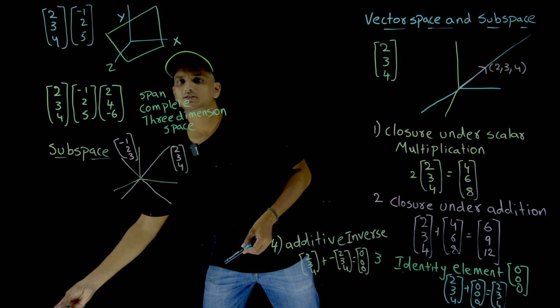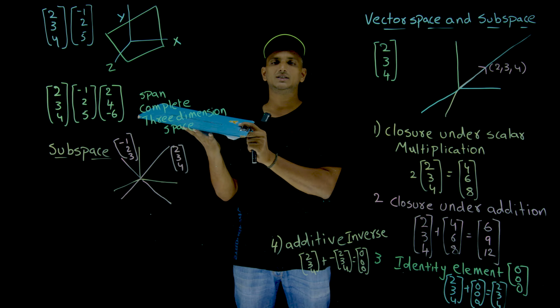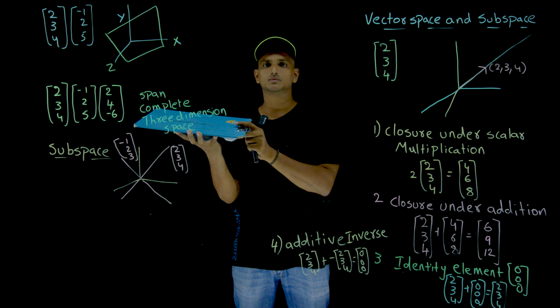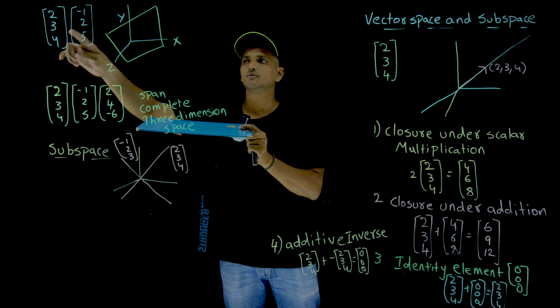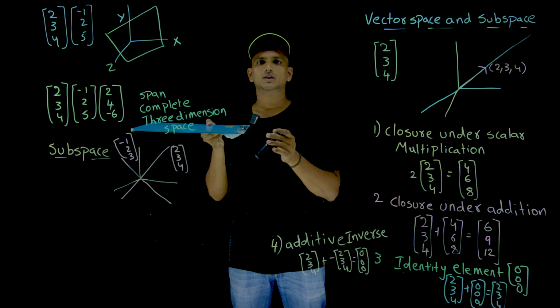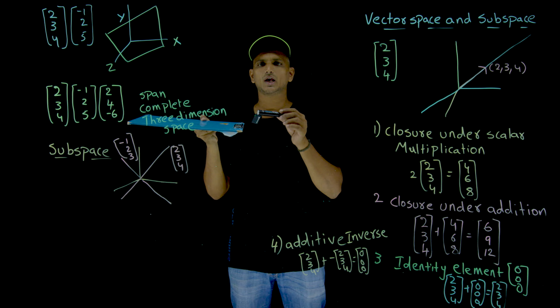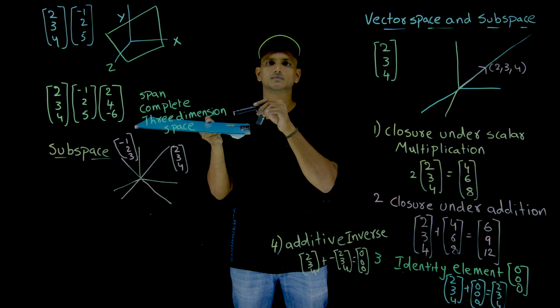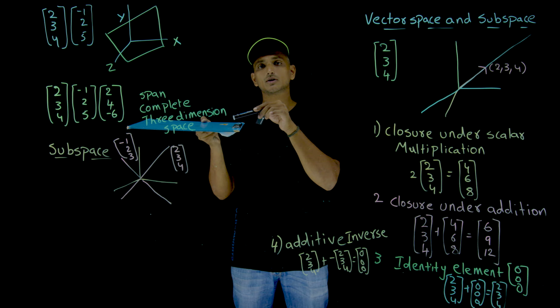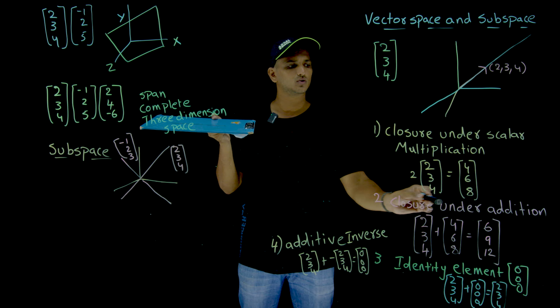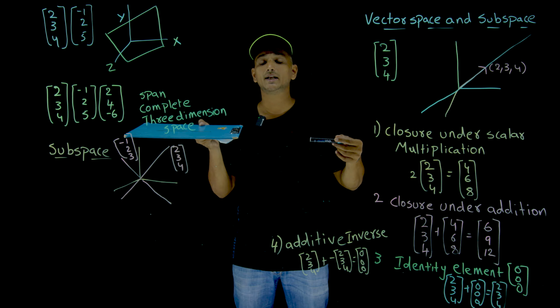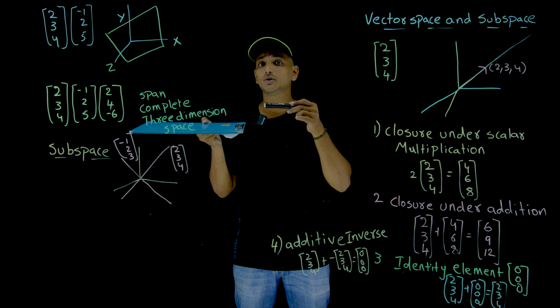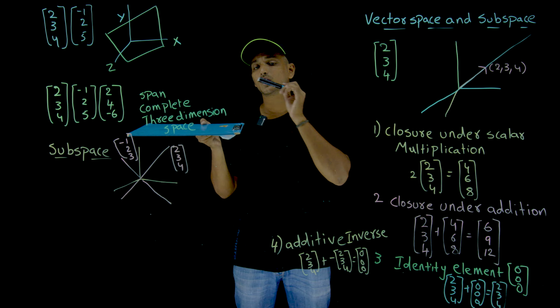This is the example which we have shown. This is a plane in a three-dimensional space. By using these two vectors, 2, 3, 4 and -1, 2, 5, this is the plane we got. You take any two vectors on this, after adding them, you are going to get a vector on this plane. Closure under addition. Why do we get that? The graphical intuition we already provided in our last class.